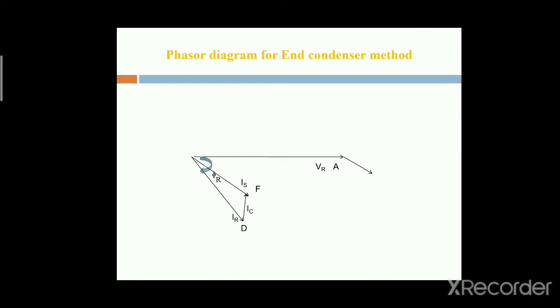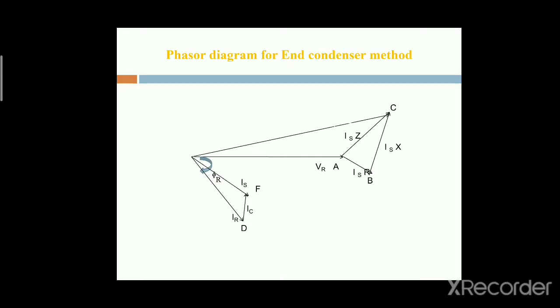By projecting this Is, we obtain the ISR, the sending end resistive drop. At an angle of 90 degrees, we obtain the sending end reactance drop. By adding these vectors, we obtain the sending end impedance drop.